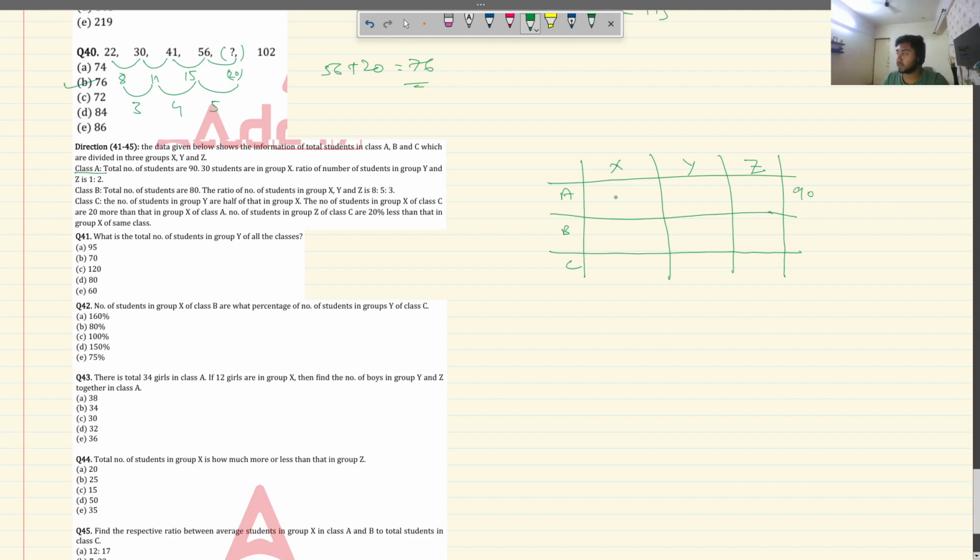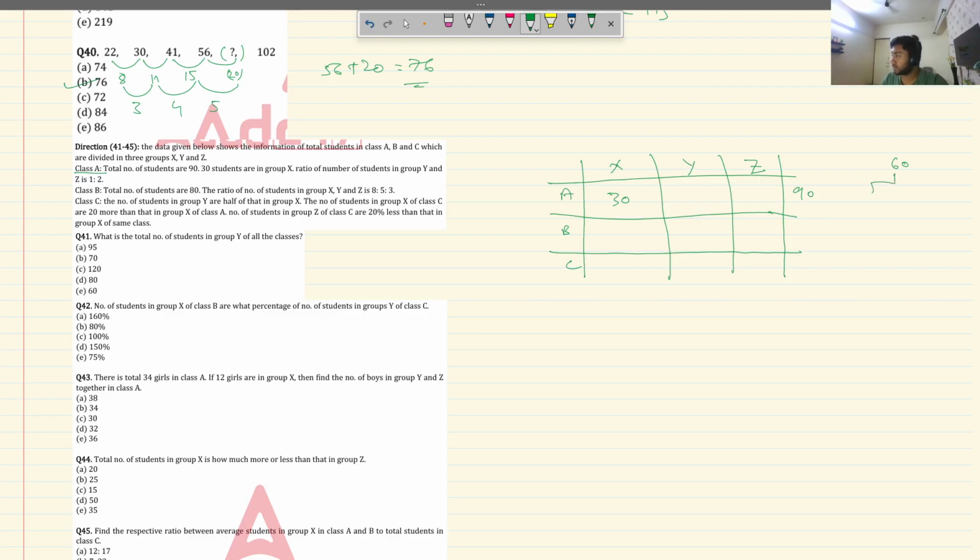30 students are in group X. So Y and Z combined, how many students would there be? 60 students would be there in Y and Z combined. The ratio of the number of students in groups Y and Z is 1:2.